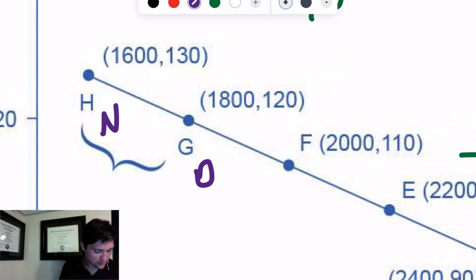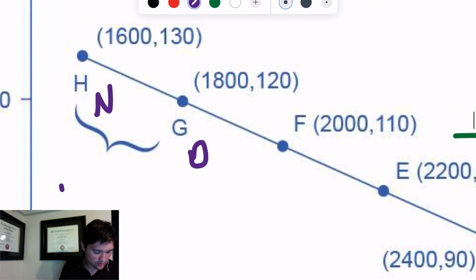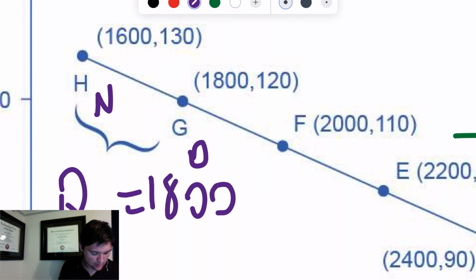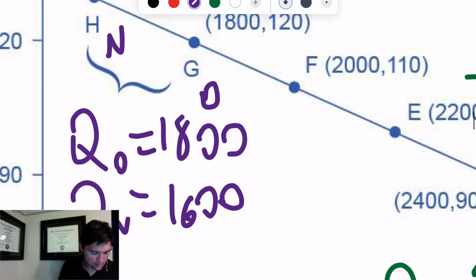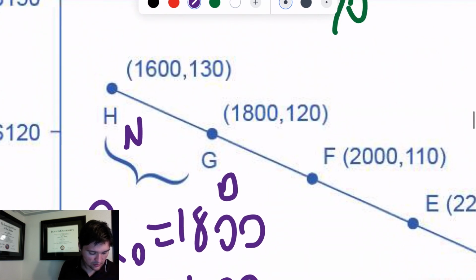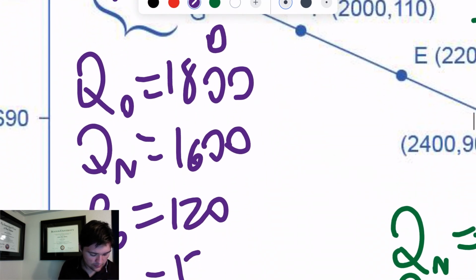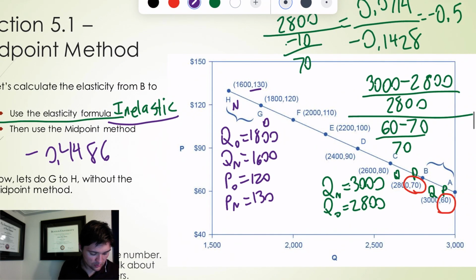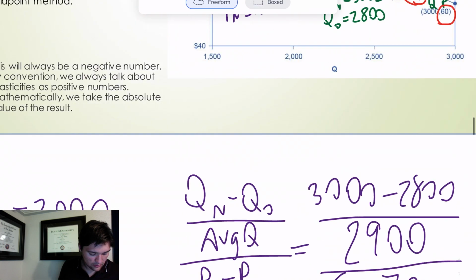So now we have the quantity. Q old is 1800, and Q new is 1600. P old is 120, and P new is 130. So we're going to take these numbers and go down here.